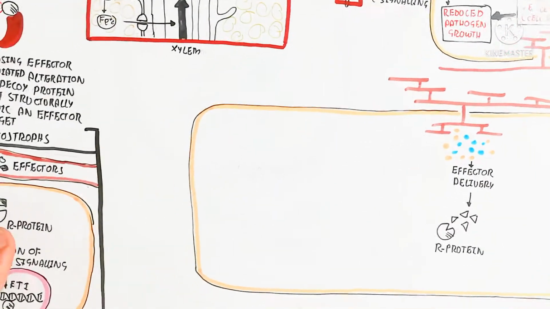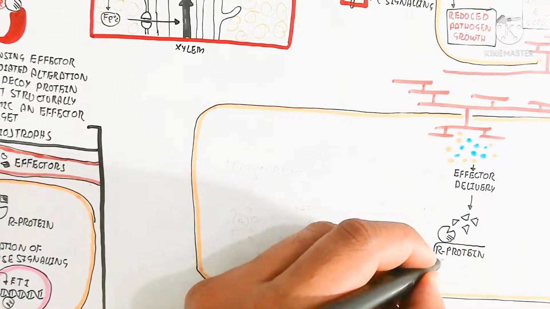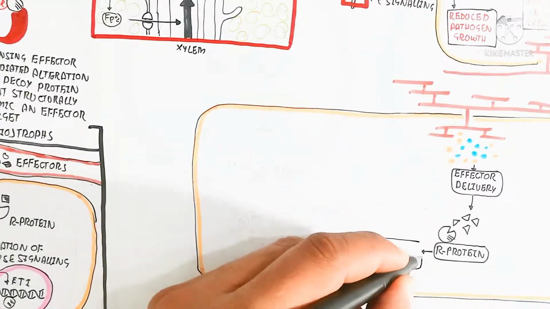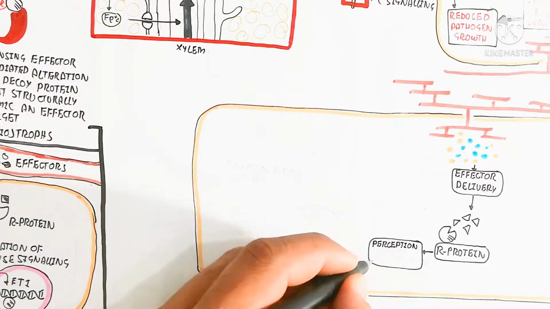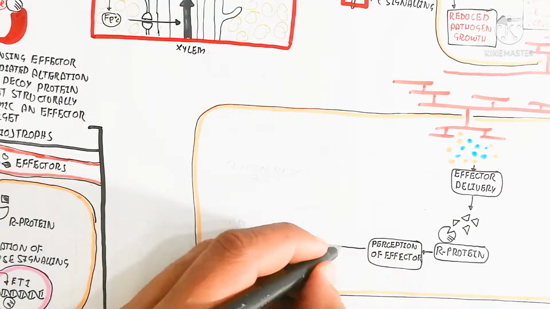While here is another pattern, which is the effector delivery. After the effector delivery, when the pathogen hyphae deliver, the effector binds with the R protein.